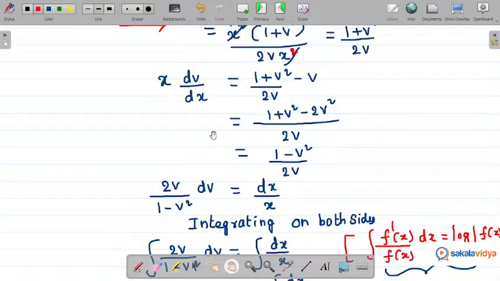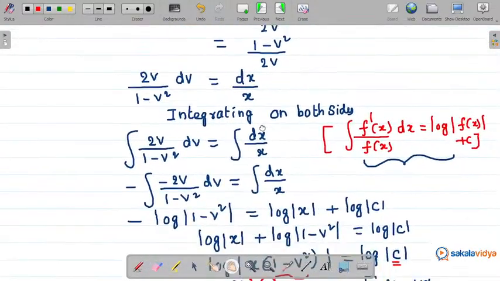Now this can be put in variable separable form. So take the function of v, that is 1 minus v square by 2v, to the left hand side, that becomes reciprocal, 2v by 1 minus v square dv, and x by dx also becomes reciprocal if you transpose to the right hand side. So this can be written dx by x.